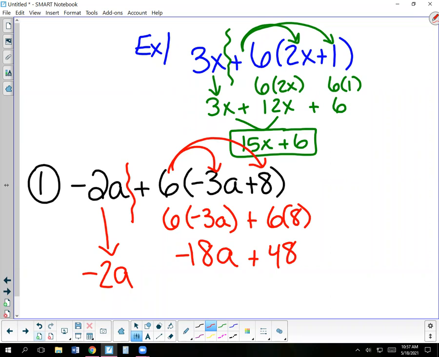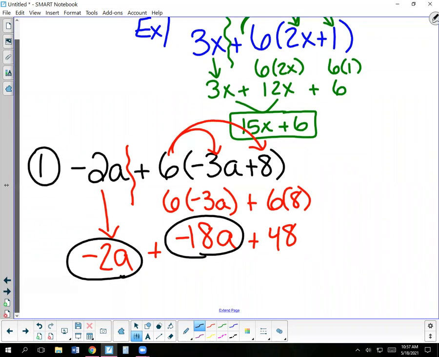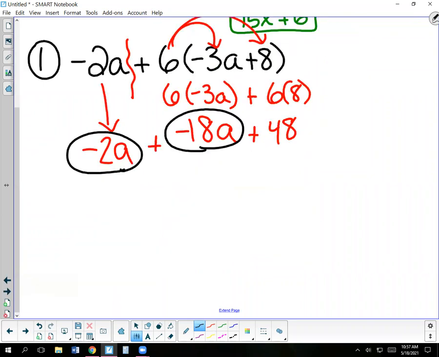Now, if you want to put a plus sign here, you can. Doesn't make a difference. What can I combine together is my like term. So do you see that the negative 2a and the negative 18a can be combined? Yeah. But we're doing now the good versus the bad situation. Okay? They're all bad, so what do we do with those? We add them, right?